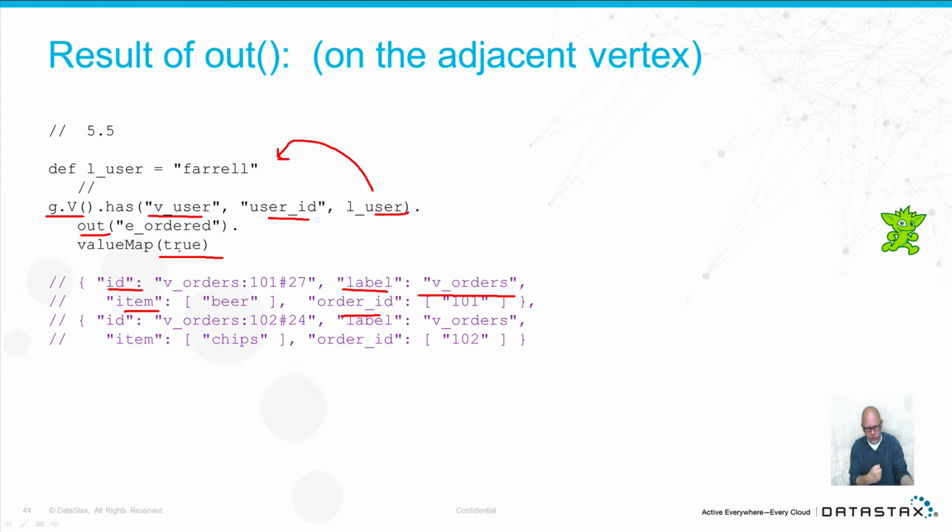I can only go from edge to vertex. From a vertex, I can go to an edge or the adjacent vertex. It's not entirely as simple as that because your traversal can actually branch. But in that context, each of those traversers would be sitting on an edge or a vertex, right? So anyway, that's why we did this little progression to show you what is in scope.